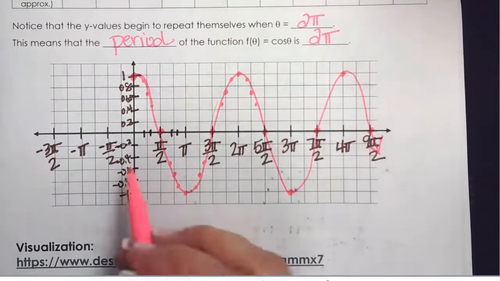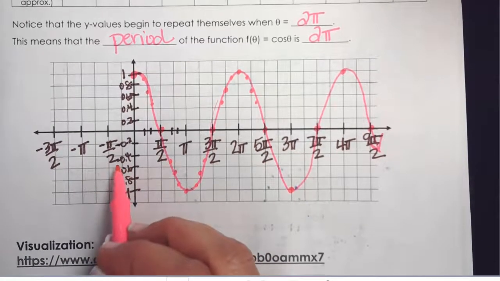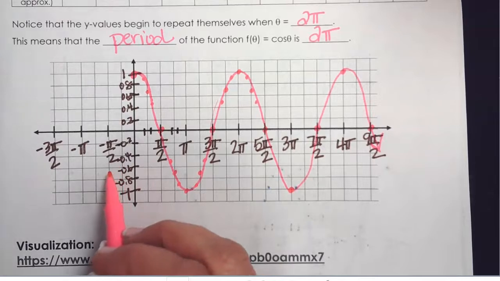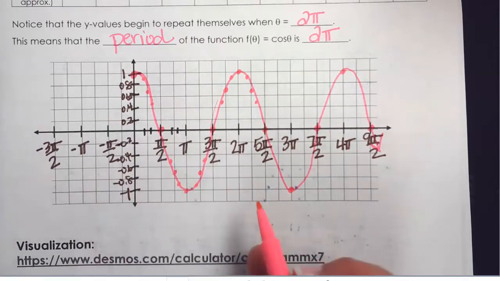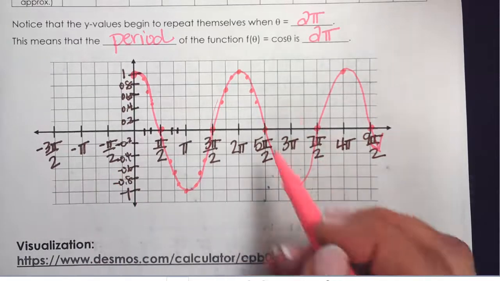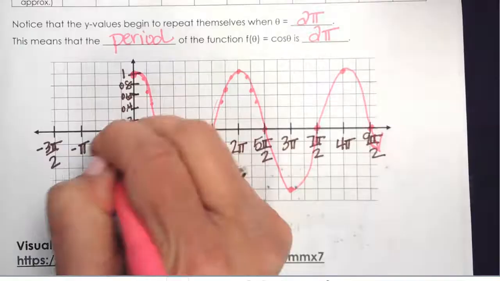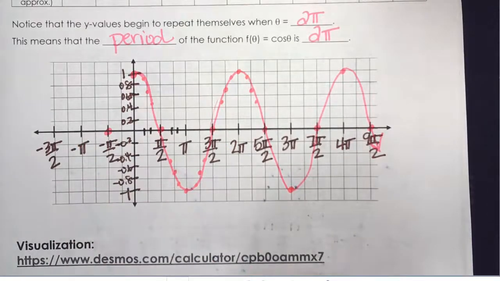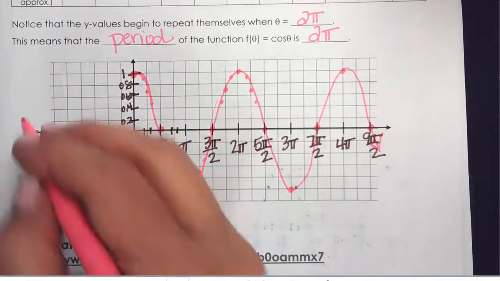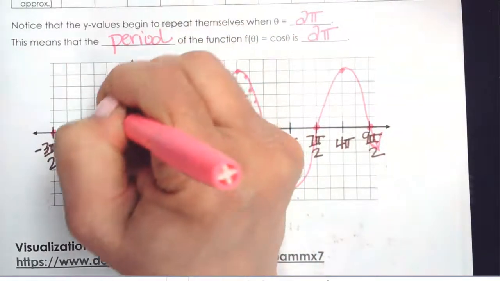What about going backwards? What does negative pi over 2 look like? Where do you think that would end up? Back at 0. How about negative pi? Negative 1. And negative 3 pi over 2, back at 0.